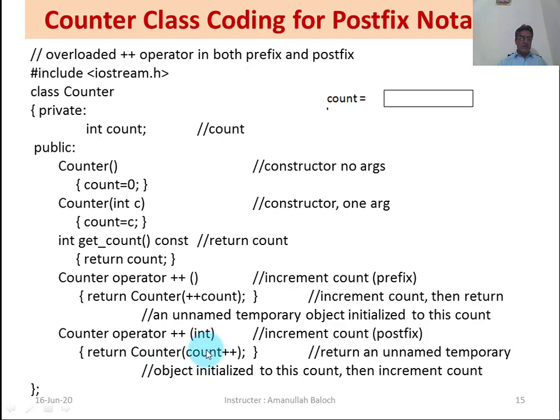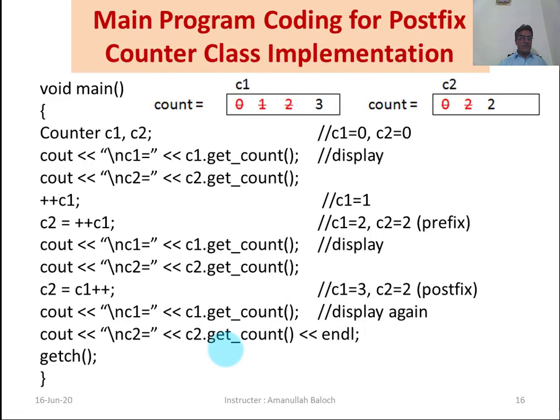It will create a nameless object with its old value 2, and will return it to the main program, and then it will increment itself and the value of count will become 3. The old value of count is 2. It will create an object and return the old value to the main program, and it will increment itself later, and the count will become 3 after returning the value.